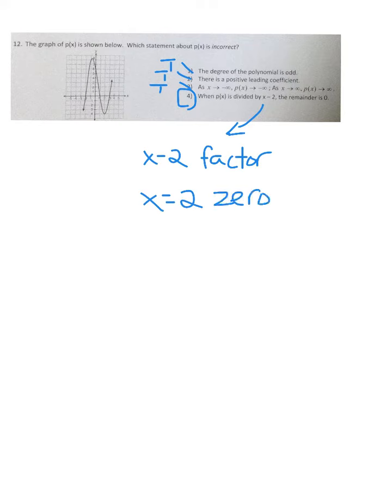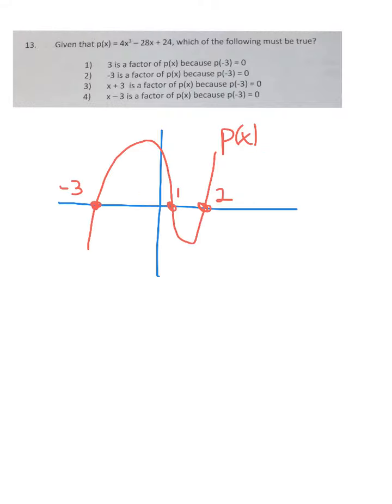And so if we look at what this statement is saying in choice 4, it's saying when p of x is divided by x minus 2, the remainder is 0. Well, doesn't that mean then that this will be a 0? At x equals 2, the graph will hit the x-axis here. So let's see if that's the case. Here's x equals 2. The graph doesn't hit the x-axis. It's all the way down at negative 4. So that's why the answer is choice 4.